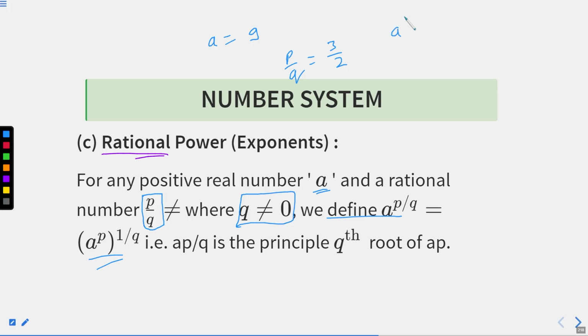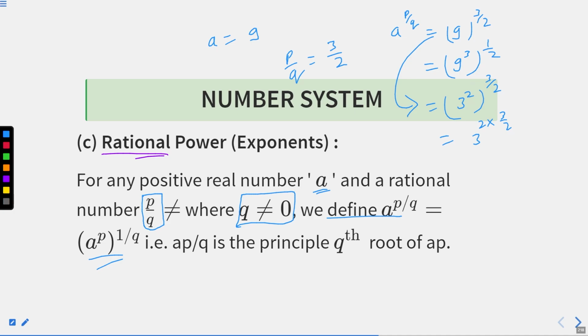So a^(p/q) is 9 raised to the power 3/2, which equals (9^(1/2)) cubed, both are equal. You can further solve it: 9 can be rewritten as 3 squared, then raised to the power 3/2, the powers get multiplied using the law, so it cancels out and we are left with 3 cubed, which is 27.